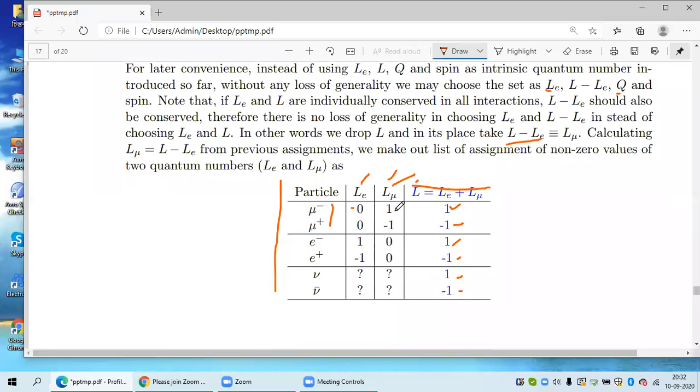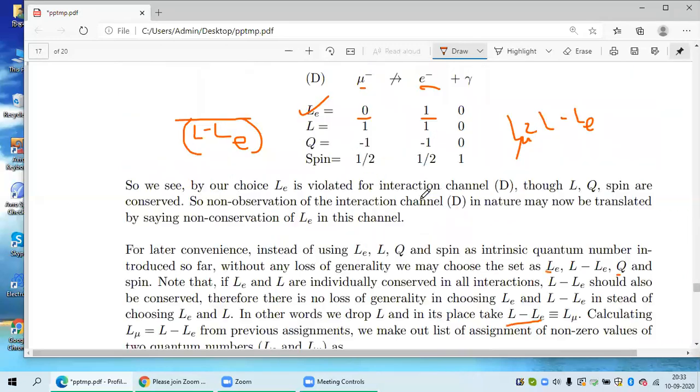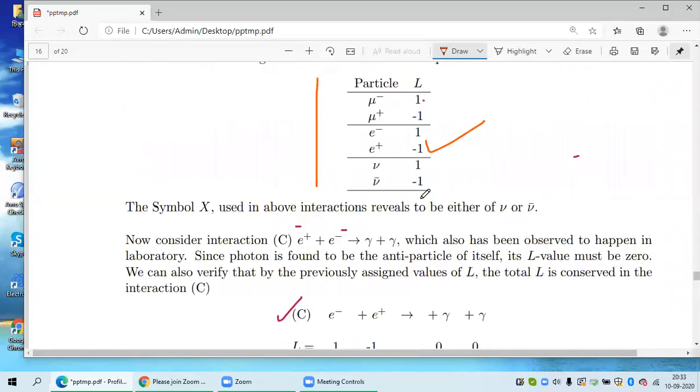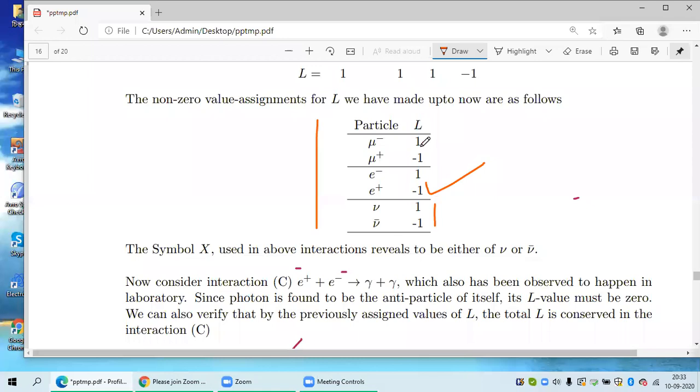So you get these assignments. Clear? Only for mu, you don't know. You have to find Le and L mu assignments. You at least know for mu and mu bar that Le plus L mu should be +1 for mu and -1 for mu bar, because L you have already assigned earlier. L is already assigned, but not the individual Le and L mu. Clear?